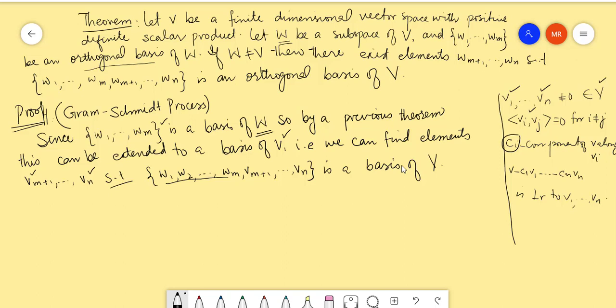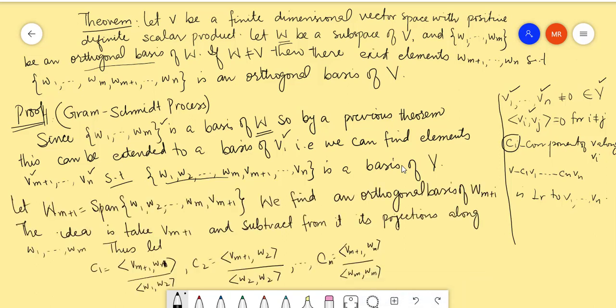And hence, we use this idea in proving this theorem. How do we use it? Let us see. So we consider a subspace of V which is generated by w1, w2, ..., wm and vm+1, and we find an orthogonal basis of this subspace.